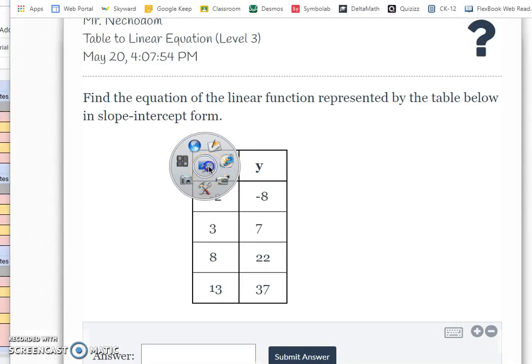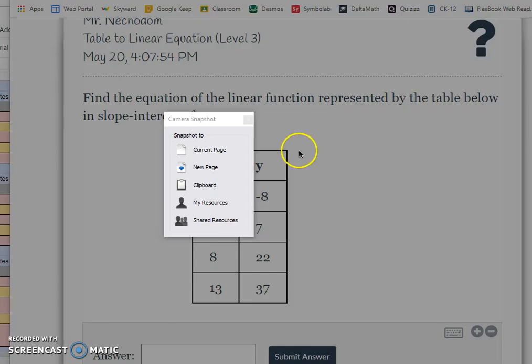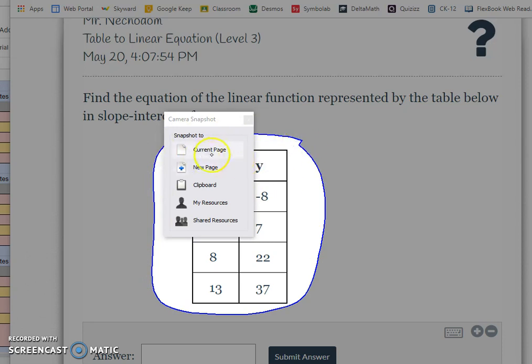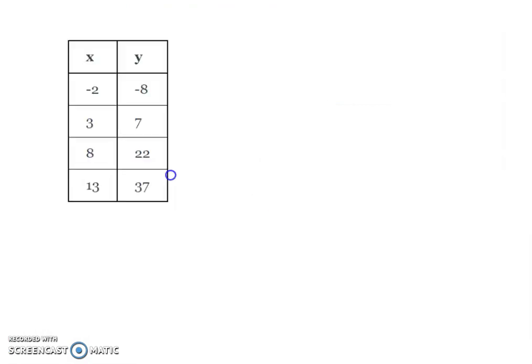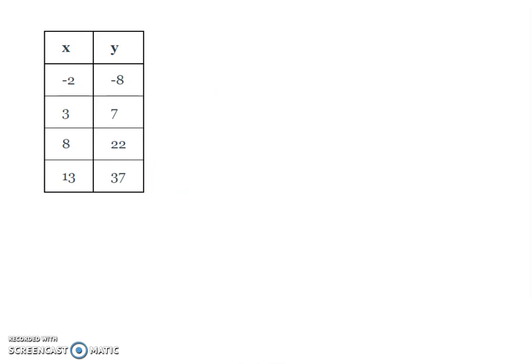We'll go back to here. Pick any pair of points you want. Doesn't matter which pair. I'll go ahead and choose this pair right here.